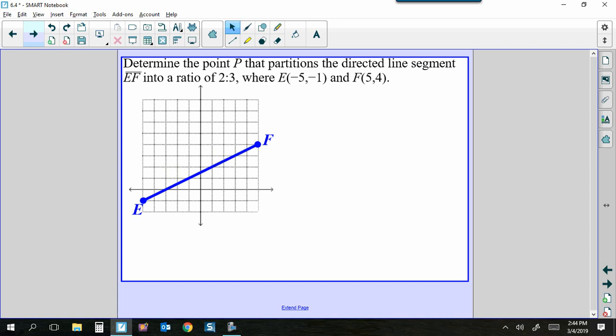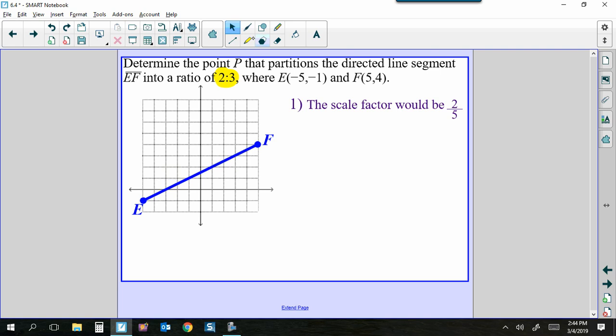So our first step was to take our ratio and convert it into a scale factor. My ratio here is 2 to 3. Well, the 2 is the number that we're going to keep. Our scale factor goes over the total. If we have pieces of 2 and 3, the total would make 2 over 5, because 2 plus 3 is 5. Our second step was to calculate our slope.